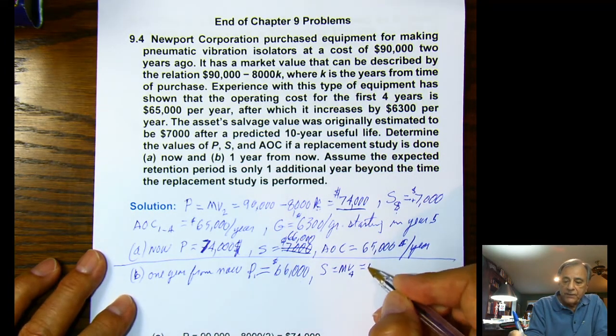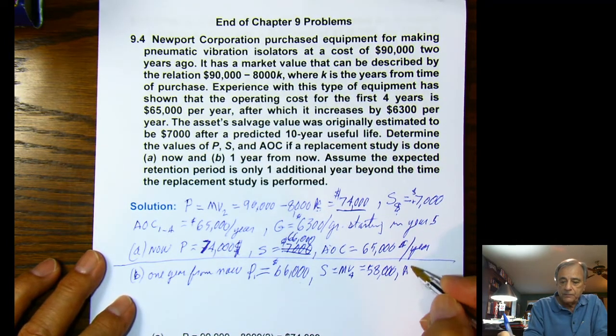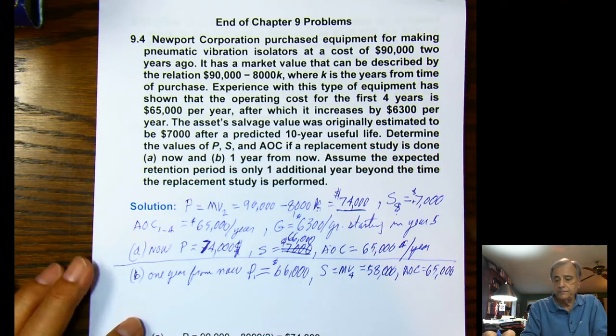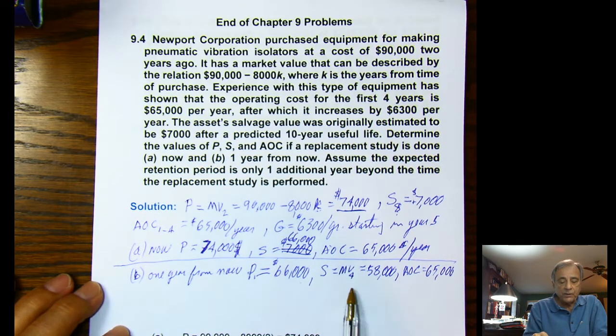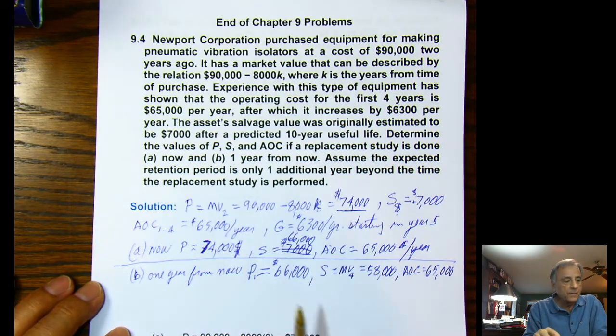We get $58,000. And finally, the AOC is still 65. Of course, the AOC now will start to change starting in year 5. Okay, but we're only looking at it for 1 year at a time here.